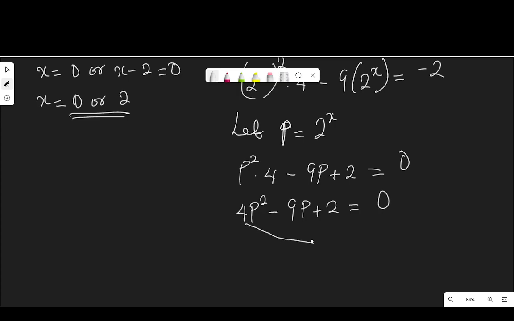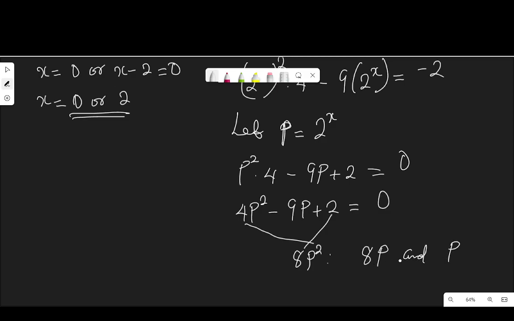So I will multiply the first term by the constant term. 4p squared multiplied by 2 is 8p squared. Now we'll look for two factors of 8p squared that can add up to this middle term, negative 9p. The factors of 8 will be 8p and 1p.